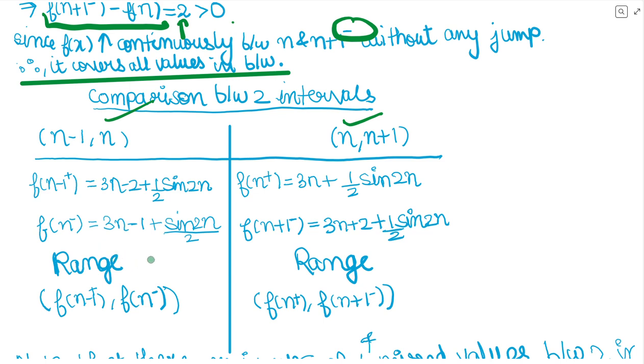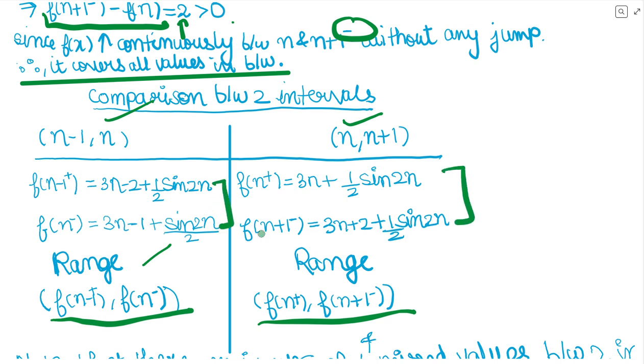Since we derived previously that f(x) is increasing, we can directly substitute the value of n and take it as the range, right? Whenever we have an increasing function, all we need to do is directly put in the domain or whatever intervals we are considering, and we'll directly get the range.